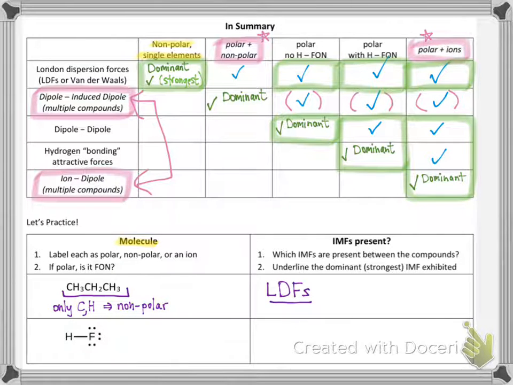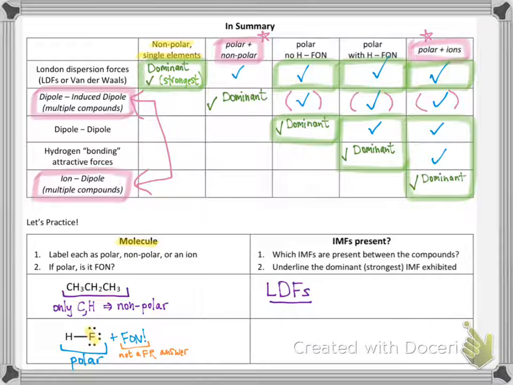All right, HF. Well, if you're taking a look at this, hopefully you would realize that hydrogen and fluorine are very, very different in electronegativity, which makes this an extraordinarily polar bond. And it's not just polar, it's having fun. Well, there's the F, right? So if it's a hydrogen covalently bonded to a fluorine, oxygen, or nitrogen, we consider it having fun and capable of hydrogen bonding.